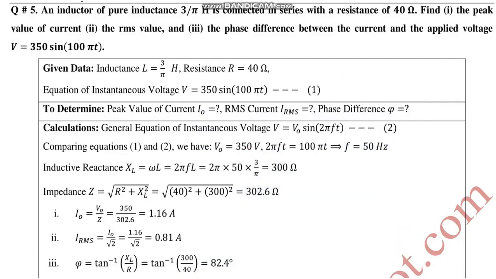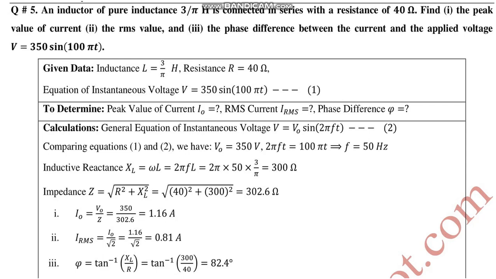Question number 5. An inductor of pure inductance 3 by pi H is connected in series with a resistance of 40 ohm. Find first the peak value of the current, second the RMS value, and third the phase difference between the current and applied voltage V is equal to 350 sine 100 pi t.